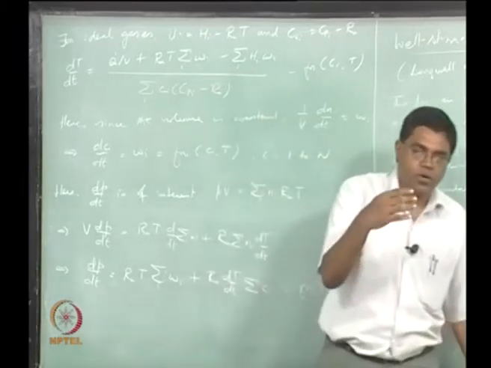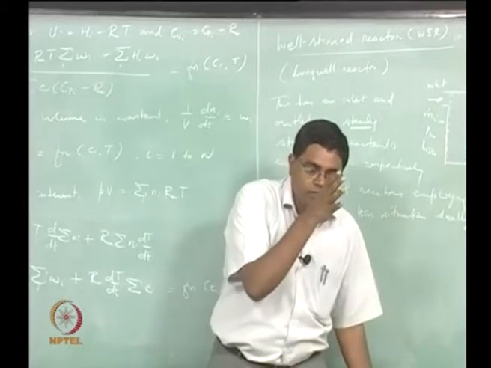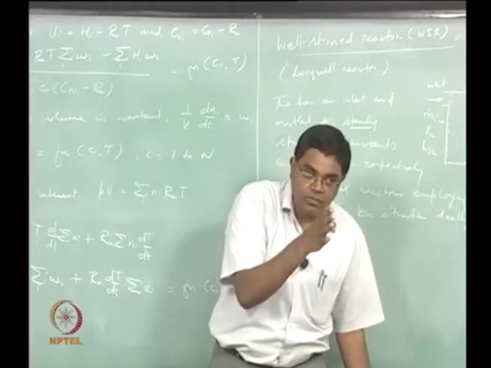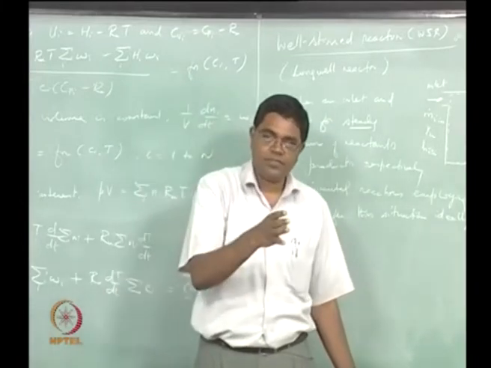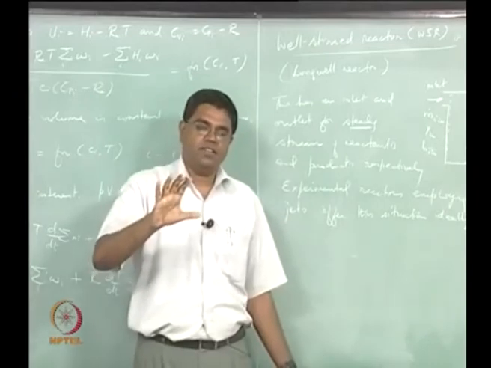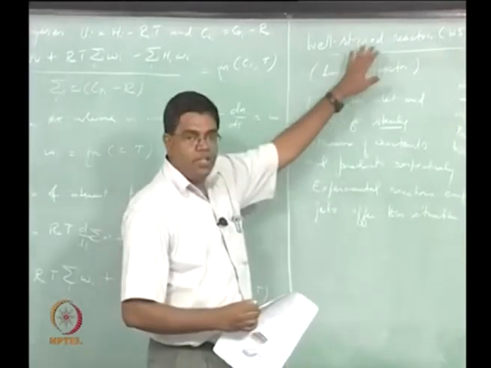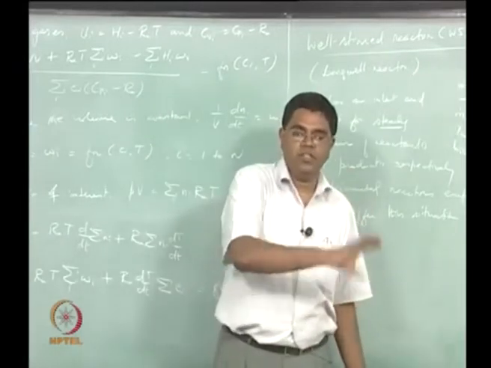We are looking for this output of products, okay, but we don't spatially resolve between somewhere here and somewhere inside. Okay, so in that sense it is like saying it's all perfectly mixed, all right, and you are now going to get out these species.